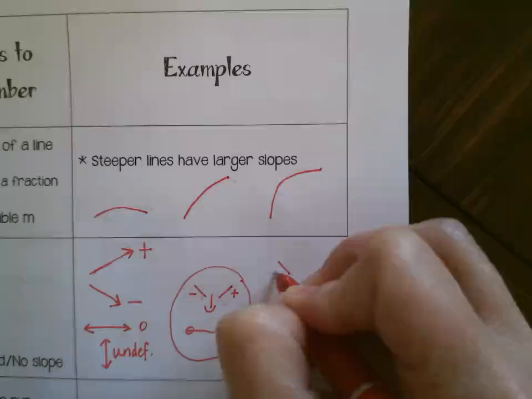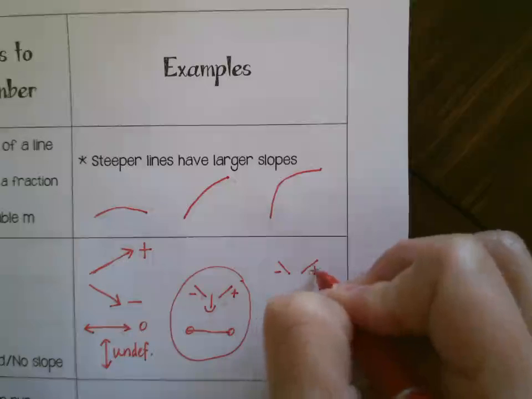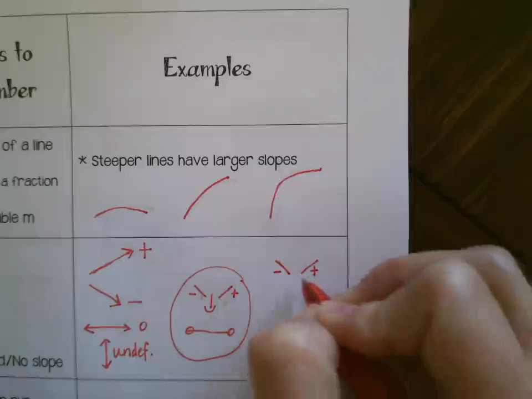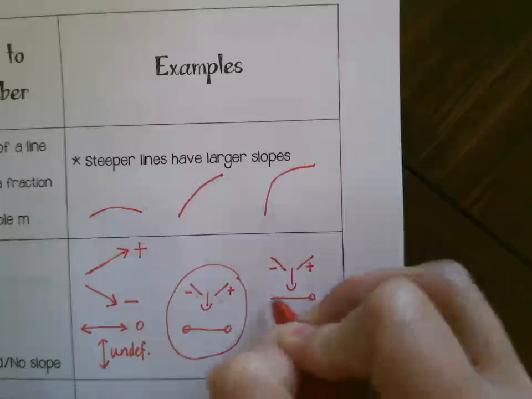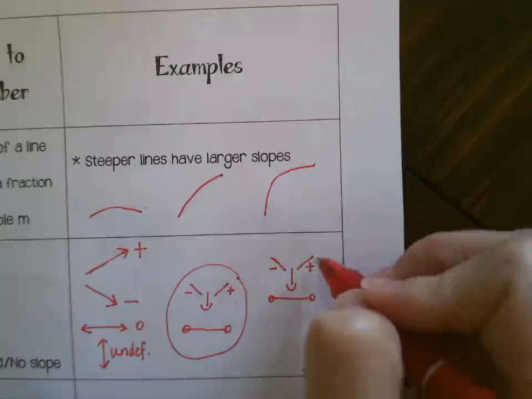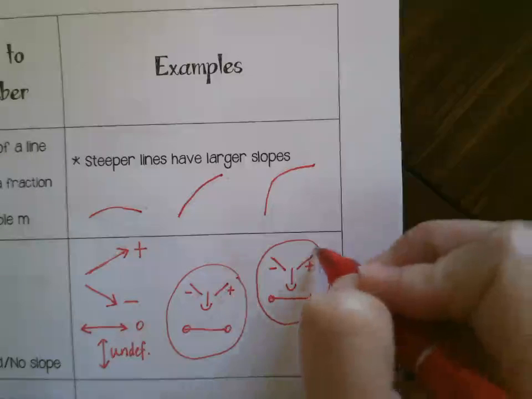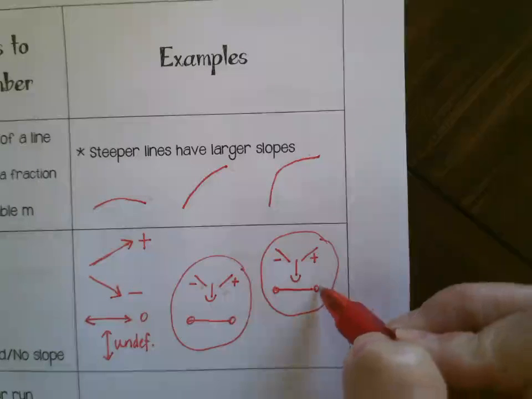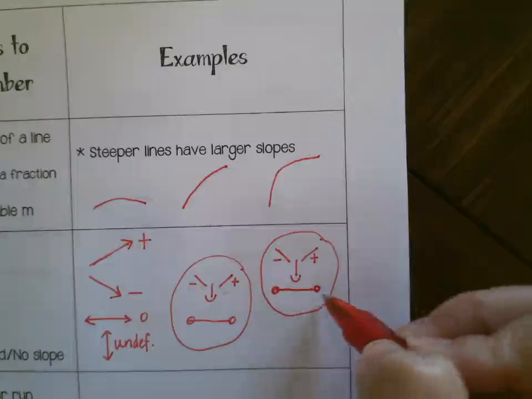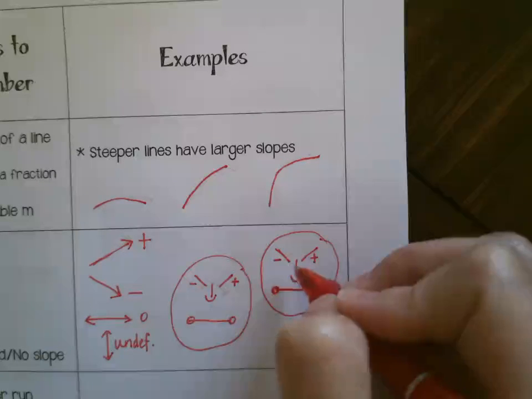All right, but the idea here is that Mr. Slope helps you remember which one is which. Oh, he still looks so angry, but okay, what's happening here is his mouth is slope of 0 because it's horizontal.